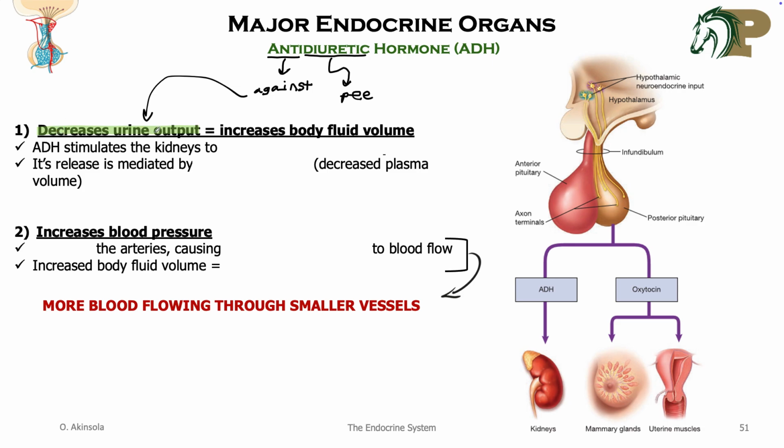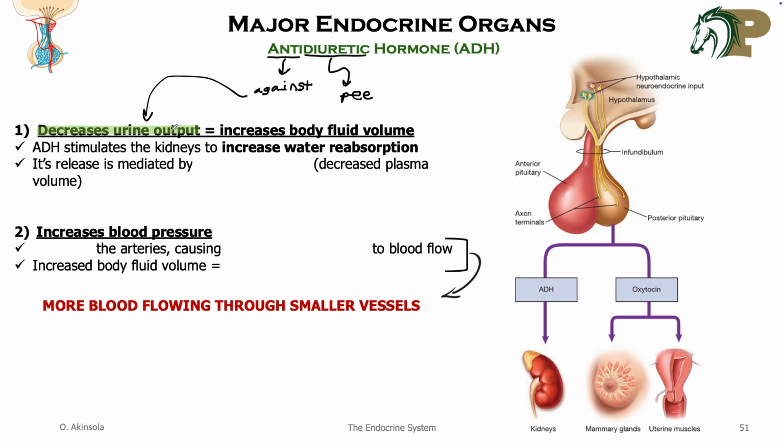And when you decrease urine output, you are retaining volume within your body. And as you retain that body fluid volume, that's going to have another effect when it comes to blood pressure, which we'll talk about in number 2. But ADH will stimulate the kidneys to increase water reabsorption, thereby decreasing urine output.